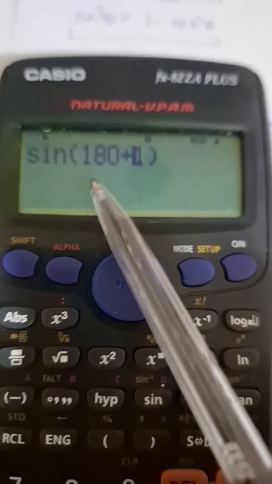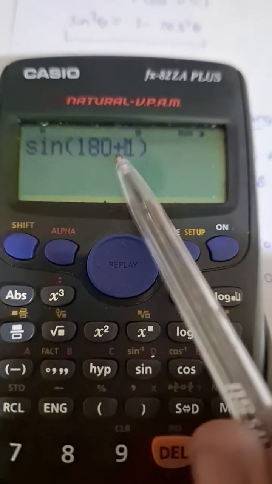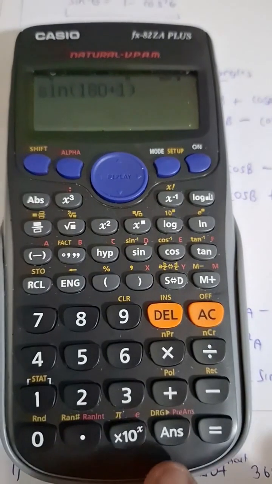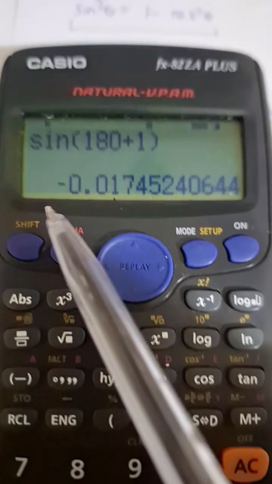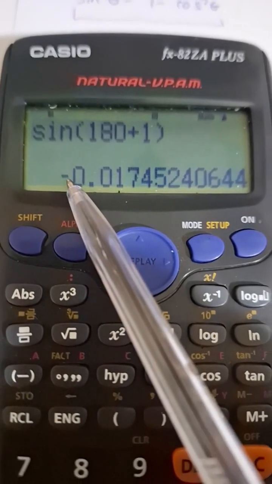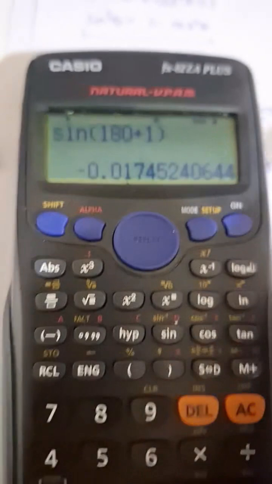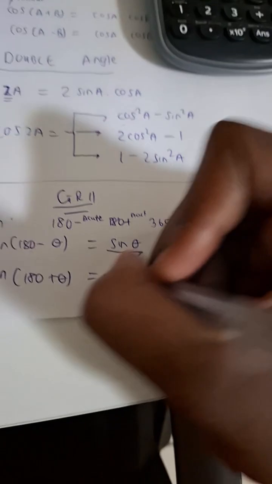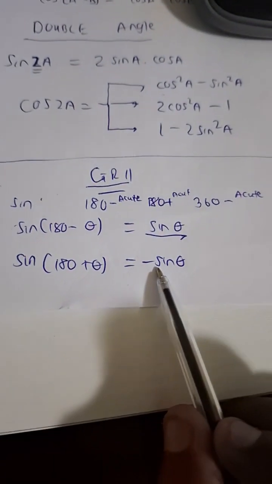Now you see this is 180 plus 1. So you have sine of 180 plus 1, and all you want to do is check the sign that you will get. Guys, do you see the sign that you get is negative? Do you see that? So therefore, that just means all you're going to do without really thinking, since it's a function value, is say minus sine of theta, and the sign is already catered for.